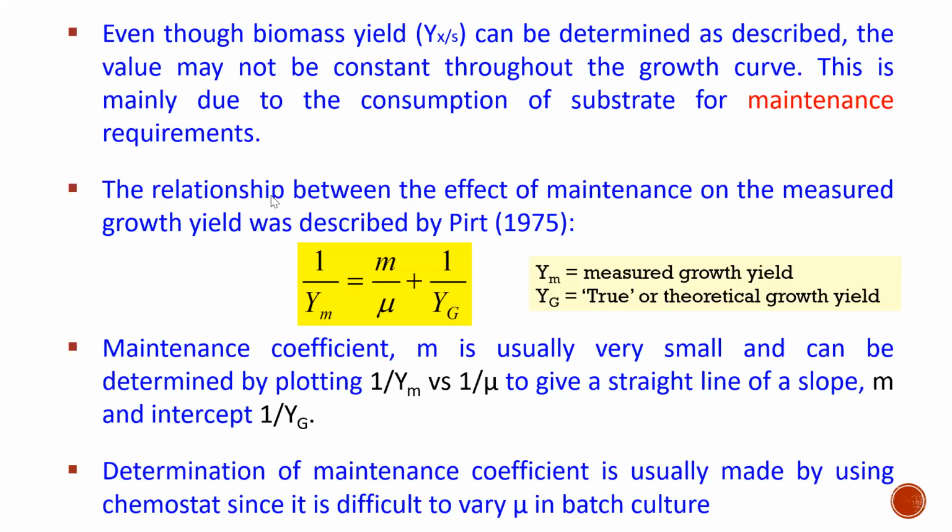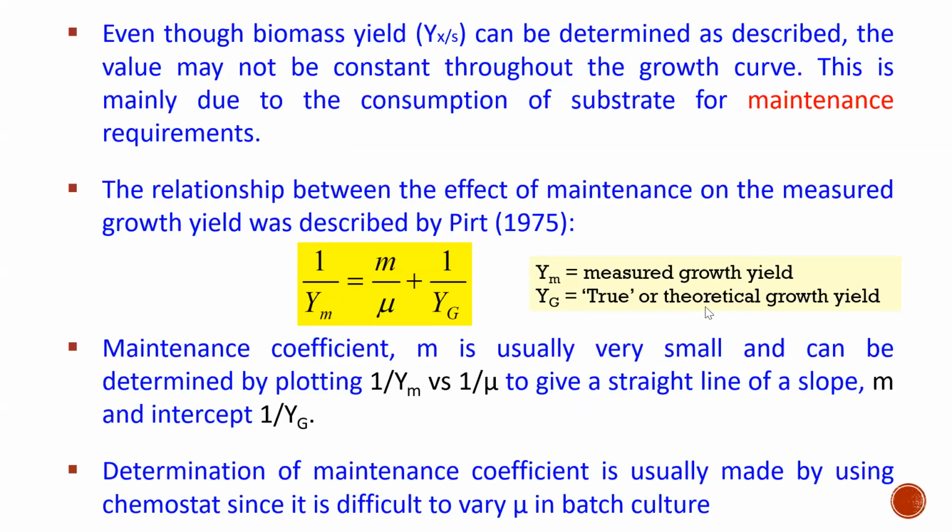Therefore, Pirt in 1975 came up with a relationship between the effect of maintenance and the measured growth yield, in the form of these equations. In this equation, you have the measured growth yield, which is the one you determine through experiment, and mu you can calculate for each point.